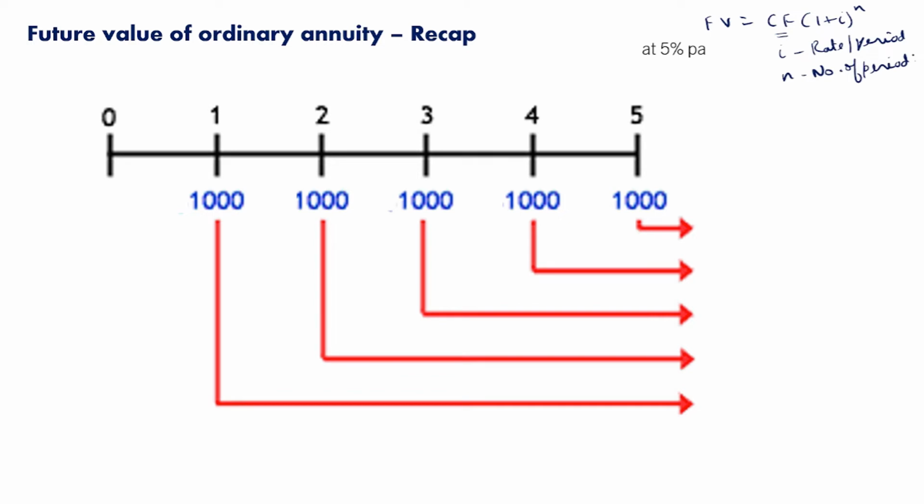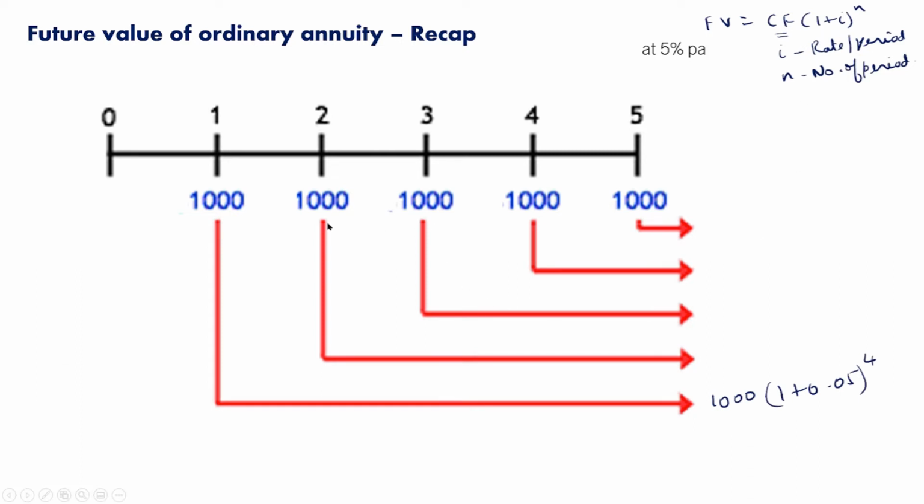Say for example, if we want to know the future value of rupees 1000 which is deposited at the end of every year, where the interest per period is 5%. Then the future value after 5 years of the rupees 1000 deposited at the end of the first year is 1000 into (1 plus 0.05) the whole raised to 4, using this formula.